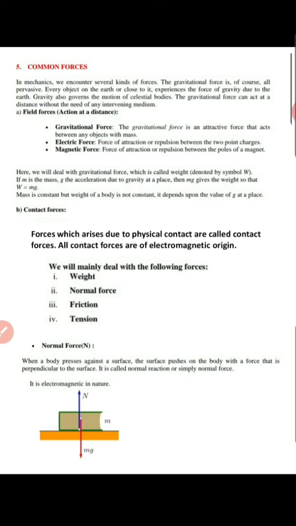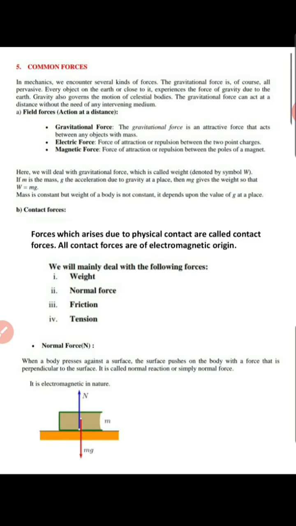That weight mg is acting downward, and in reaction to it, the table will be exerting a force on the book in the opposite direction, that is marked as N. This reaction will always be normal to the surface, and that is why it is called normal reaction or normal force, and that is what is marked as N in the diagram. So normal reaction is in the upward direction and weight is acting in the downward direction.